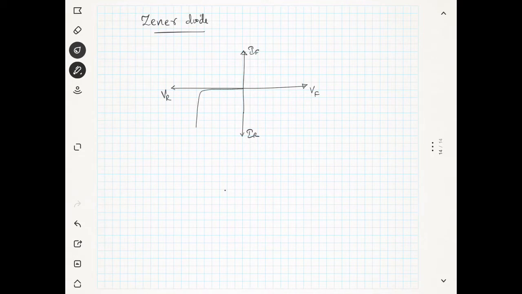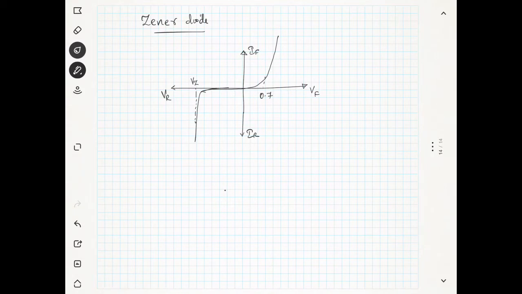The voltage at which the breakdown happens we call the Zener voltage, and in the forward bias region you have the characteristics something like this.